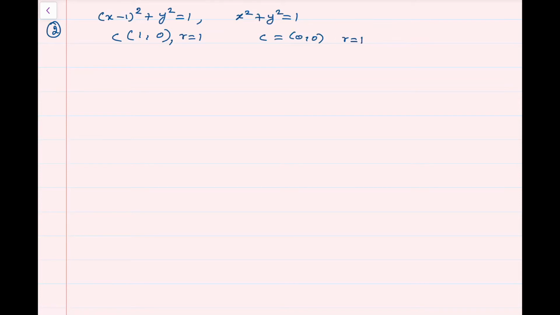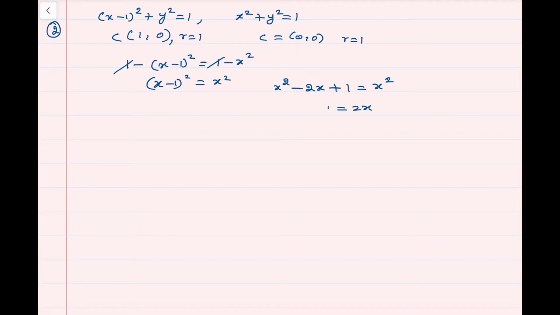Let us solve these two equations. From the first equation, y square is 1 minus of x minus 1 the whole square. From the second equation, y square is 1 minus x square. We can cancel minus sign also. X minus 1 the whole square is x square. Let us open the brackets. X square minus 2x plus 1 is equal to x square. We get 2x is equal to 1.